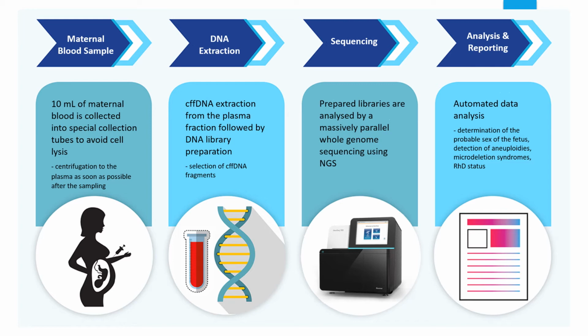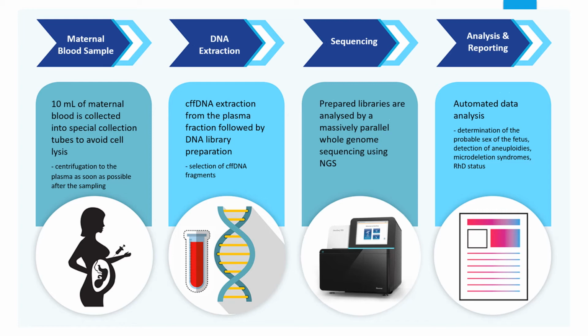It includes basically DNA sampling, which is from blood, of course. 10 milliliters of maternal blood is collected and then stabilized with EDTA. It is very important not to use heparin because it interferes with the PCR reaction. Subsequently, cell-free fetal DNA is extracted and selected, mainly the fragments which are about 150 base pairs or shorter.